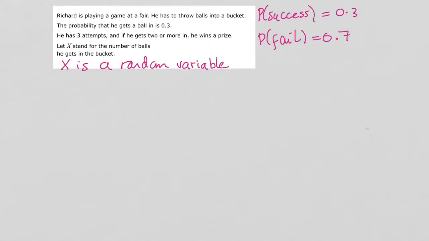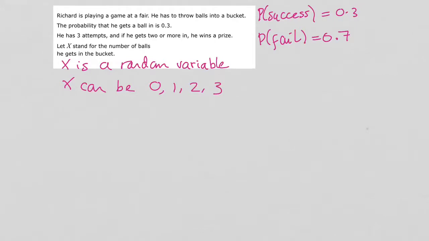So x can take a variety of values here. So x is going to be the number of balls he gets in the bucket. Well, there's a couple of examples here, possibilities here. X could be 0, he doesn't get any in. He could get 1, he could get 2, he could get all 3 in.